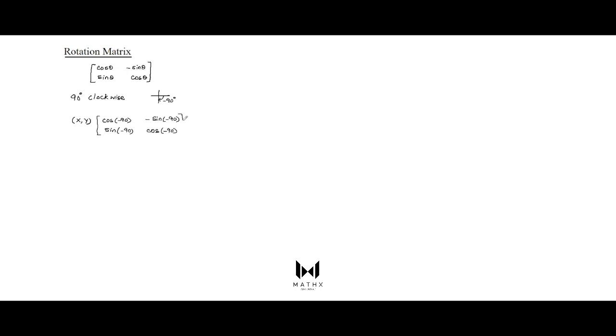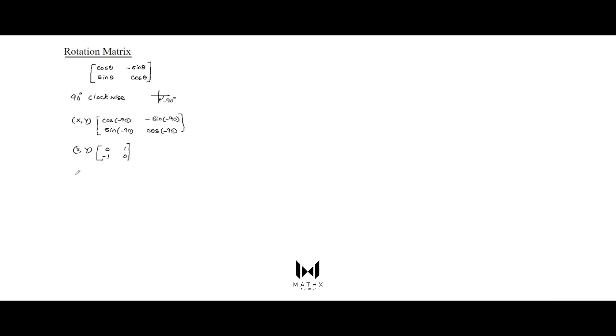Now we know cosine of 90 or negative 90 is always a 0. Negative sine of negative 90 is negative 1. So negative of a negative becomes a positive 1. Sine of negative 90 is negative 1 and cosine 90 is 0.